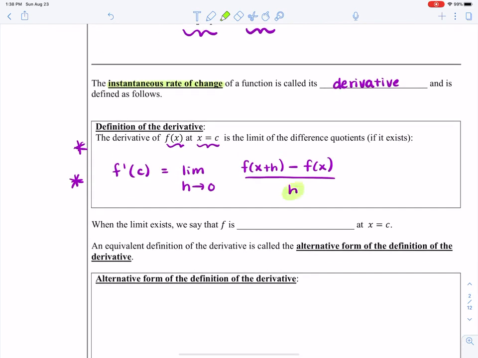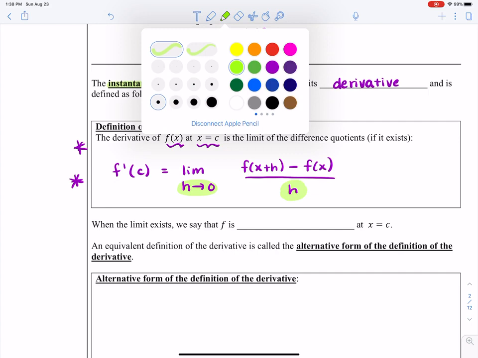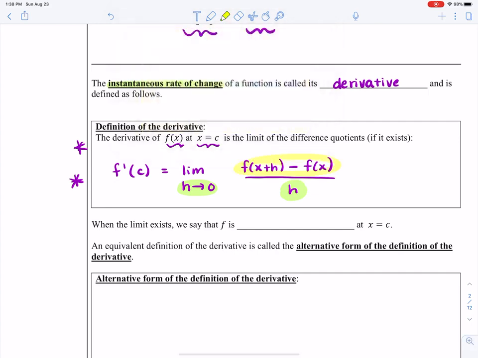I want the difference of the x values to be so small that it's approaching 0, which is why this approaches 0. So then we think about what slope is, difference of y, right? Change in y. Guys, this is the change in y, y2 minus y1. Well, how do I know that? Because I've picked a point that is so close to my original x value that it's approaching 0.